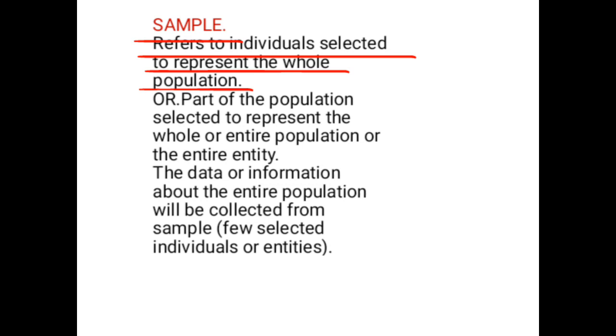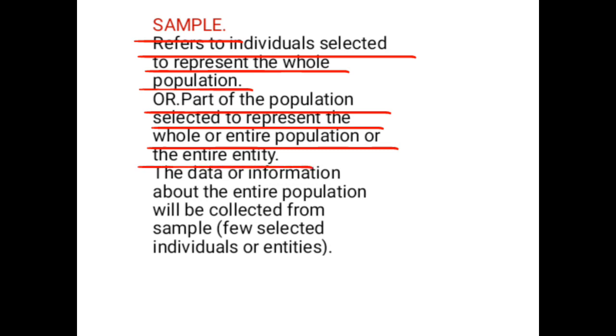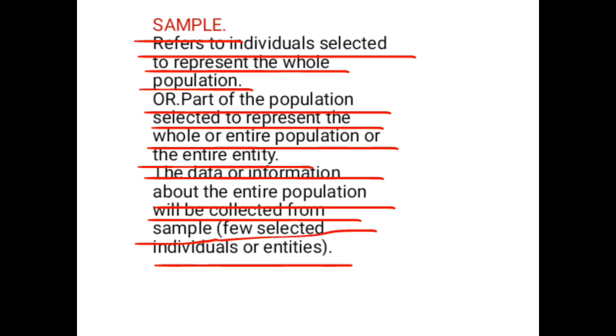Sometimes a sample can be defined as part of the population selected to represent the whole or entire population. The data or information about the entire population will be collected from the sample. Remember, the sample are few selected individuals or entities to represent other individuals or entities.